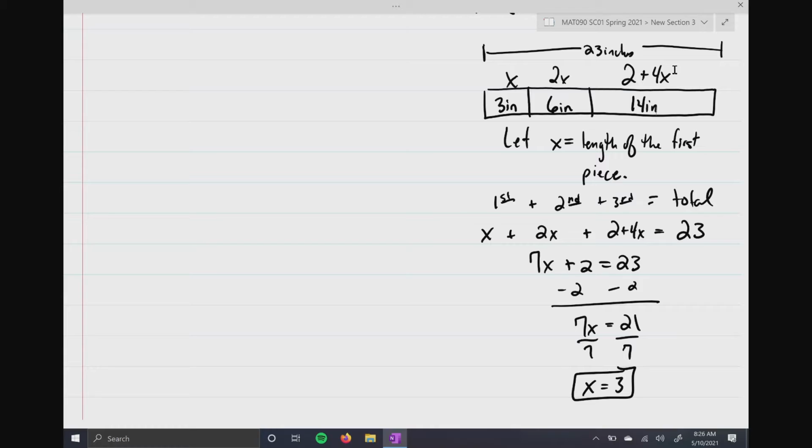But more importantly, you are adding. Perimeter is nothing more than adding the lengths of something. Area is multiplication. We didn't multiply anything. We're just finding the pieces and adding them up. Okay? Any questions with that? All right, good.